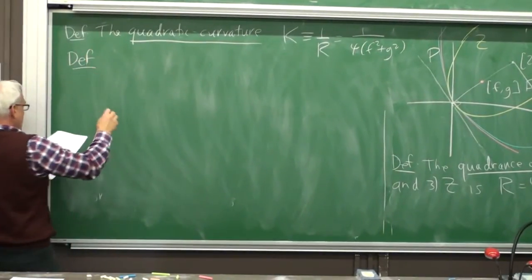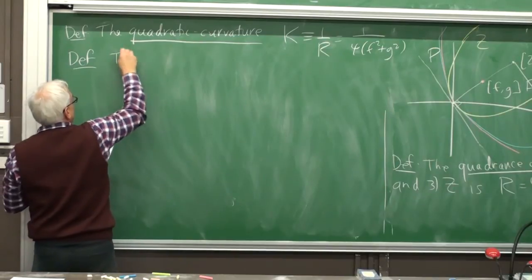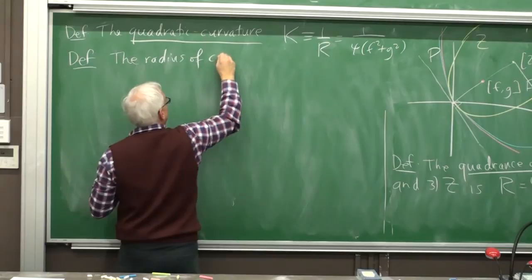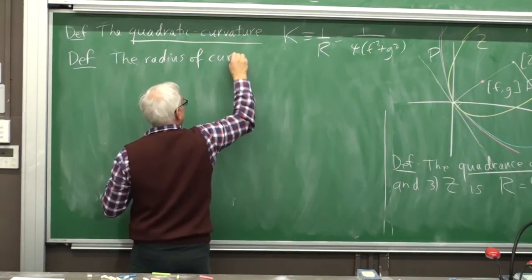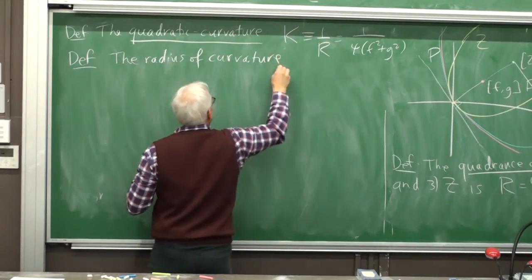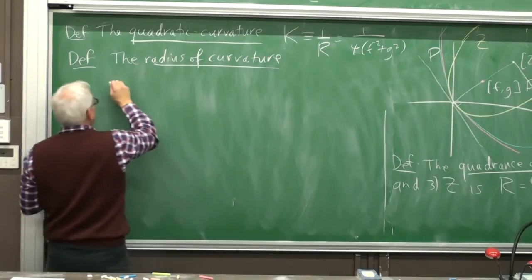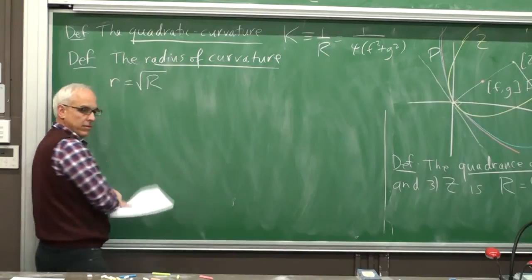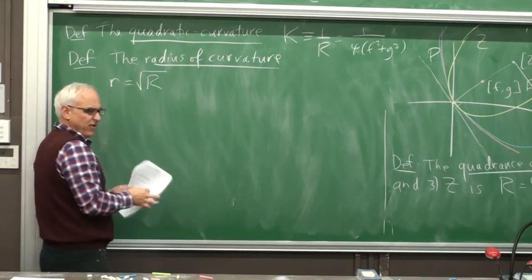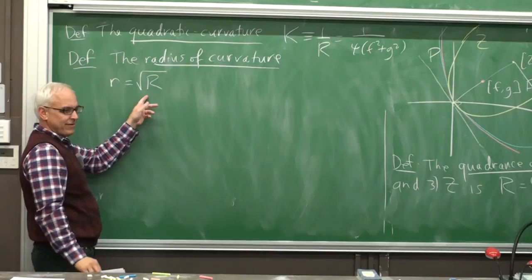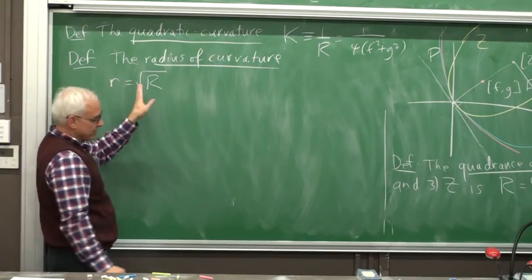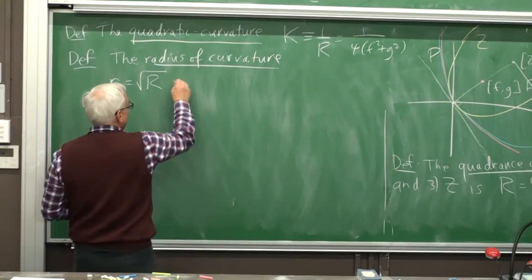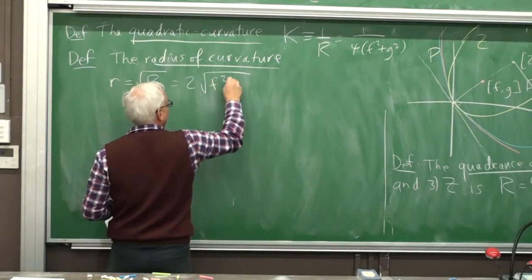And another definition, the radius of curvature will be little r, and that will be the square root of capital R. Dreaded square root. Painful, isn't it? But it's still an important notion. The square root of R will just be 2 times the square root of f squared plus g squared.